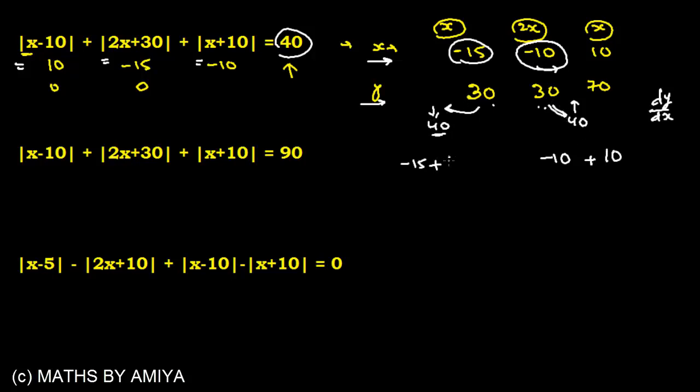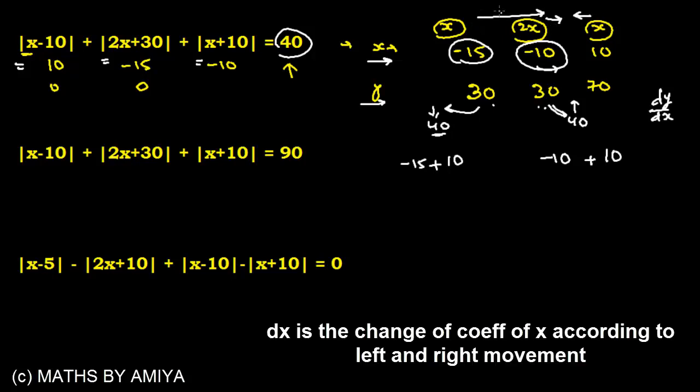Here 30 to 40 change is the 10. That is nothing but a dy. We need to find a dx. In this, the movement is the right, that is plus, and the movement is the left. So we can say the movement are nothing but 1 from here, 2 from here, and minus 1 from here, and movement also change. So the movement in x or the change in x is nothing but 2. That is 5. So we'll get minus 5 as a 1.